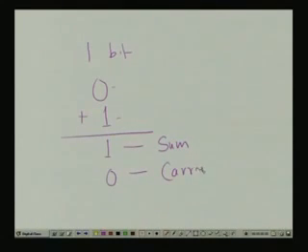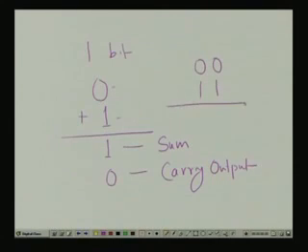Why is carry output needed? Because if it is for 2 bits, I know that I have to add this and the carry will be added with the next bit. So, that carry output will be propagated. So, I need the carry output.